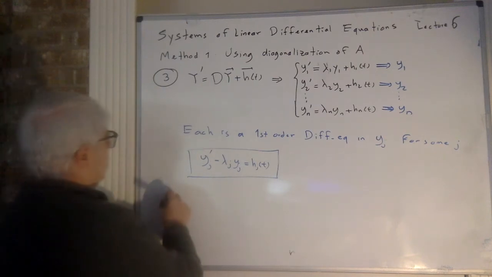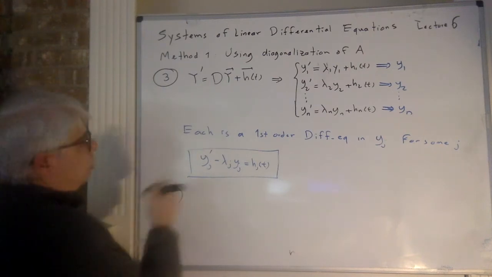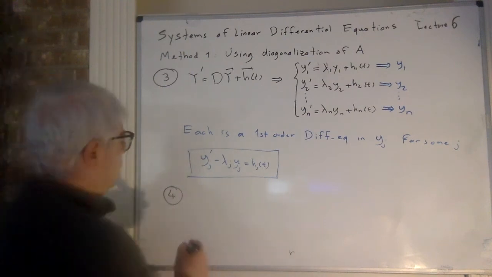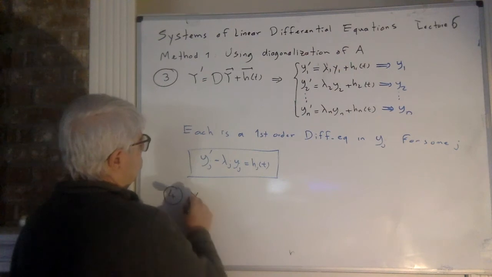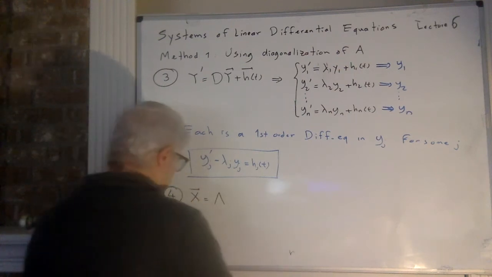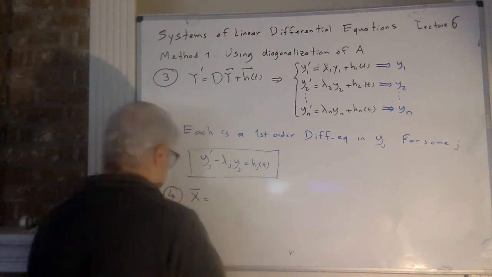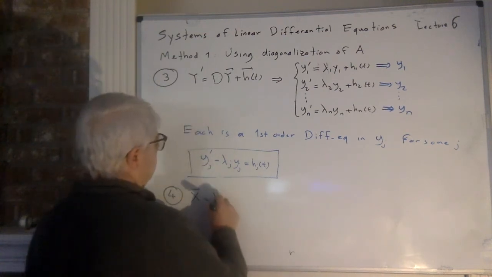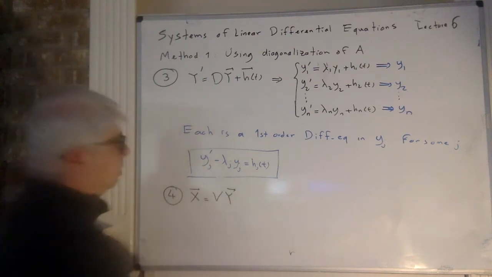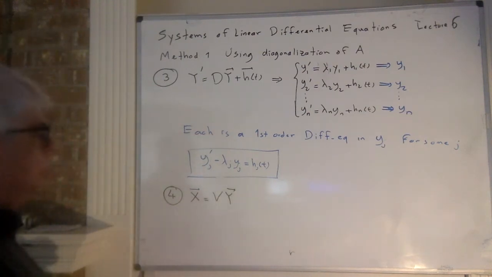Step 4. Well, then we have the yj's. Then X was what? X was V Y. So that's it.